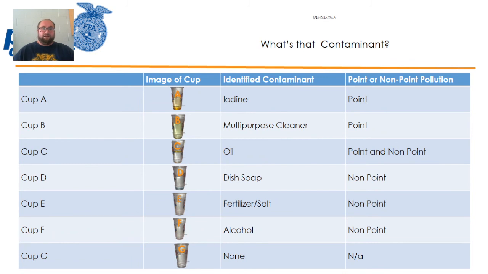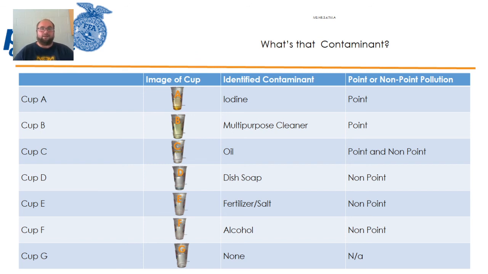So, guys, what I wanted to end you with is basically some short images of cups A through G. Okay? We identified these different contaminants as iodine, multi-purpose cleaner, oil, dish soap, fertilizer, salt, alcohol, and then, of course, none.